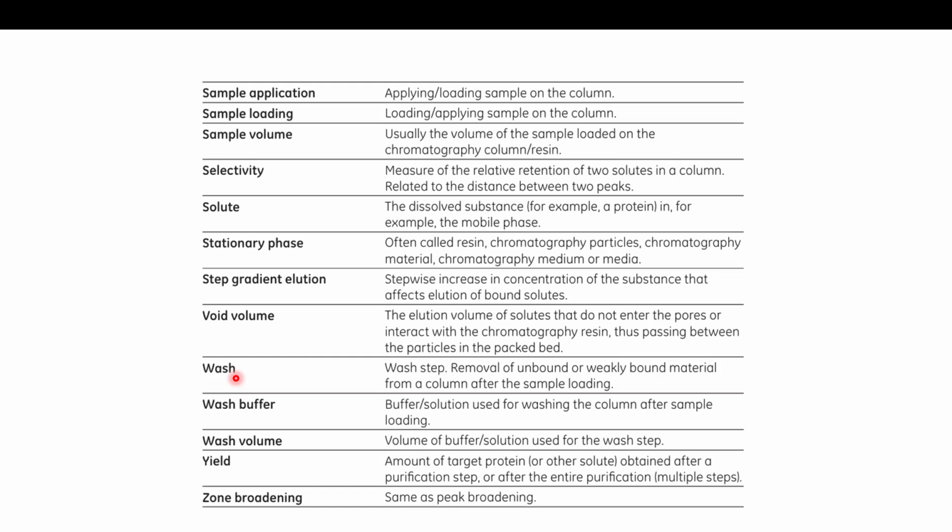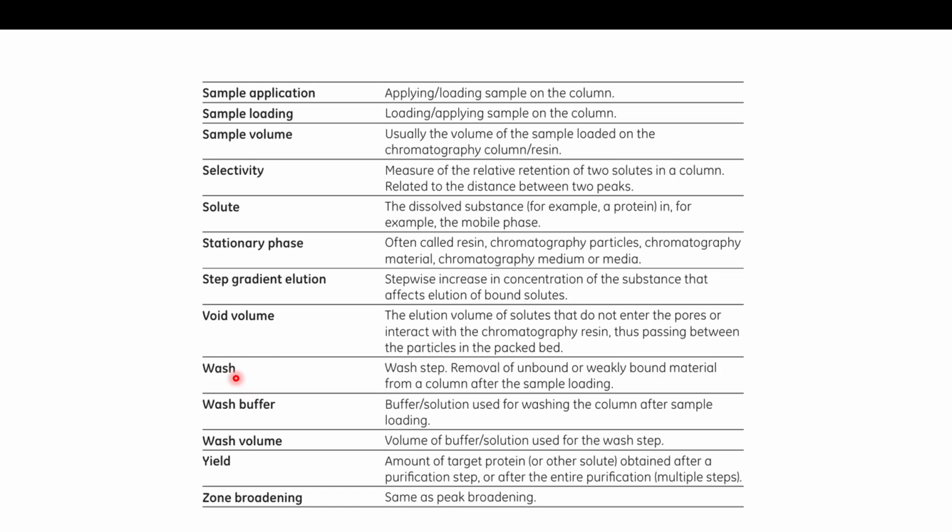Now, there can be other non-specific interactions also, because there are many other things along with your sample of interest. Okay. Now, to remove those non-specific bindings, a wash is given. It again depends on how much the column volume is, how many steps of wash you need to give.